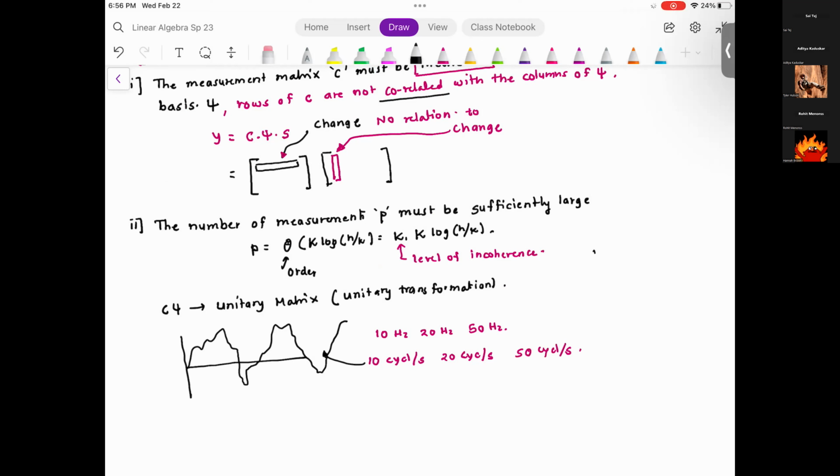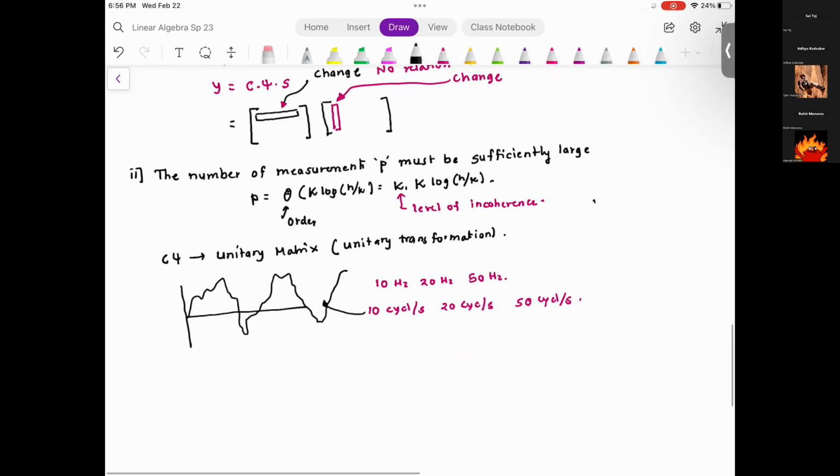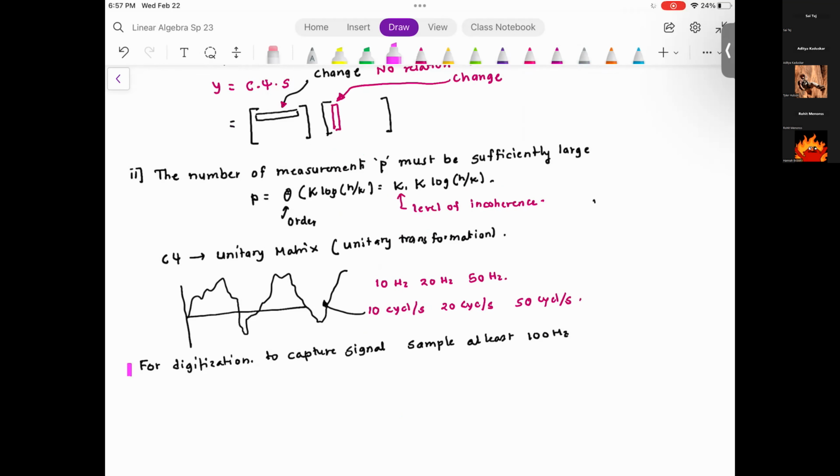Now, if we want to capture this signal, which means if I want to digitize this signal, I need to sample this signal at least at 100 hertz, which means I need to be taking the snapshots 100 times per second.